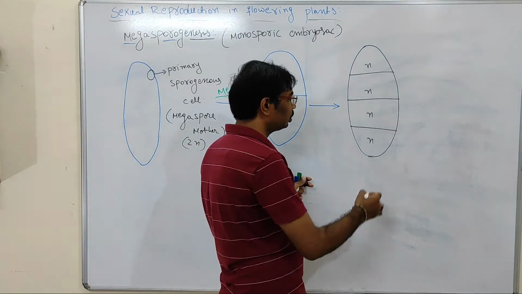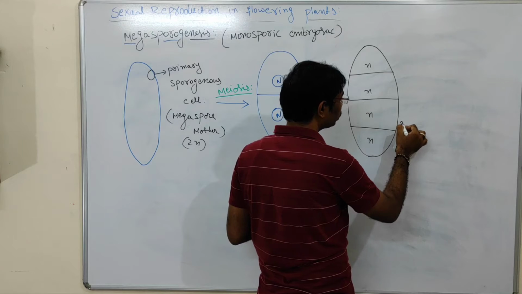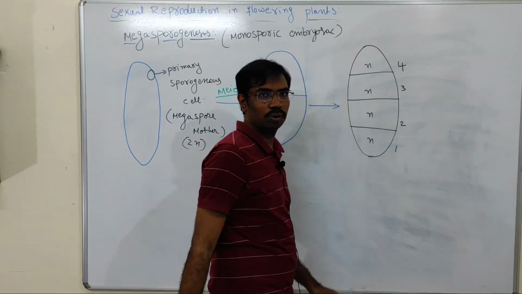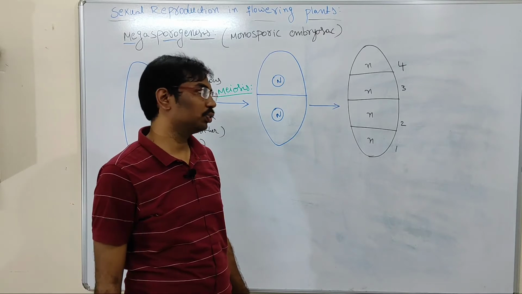How many megaspores are there? Megaspore 1, megaspore 2, megaspore 3, megaspore 4. So 4 megaspores are produced.